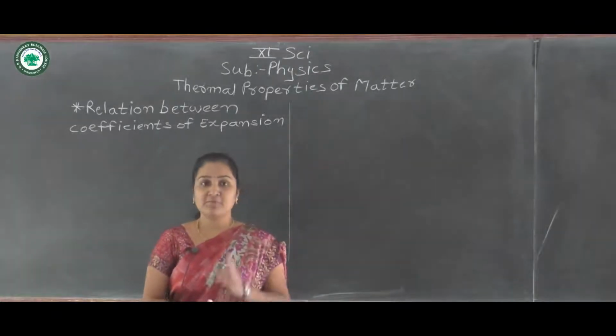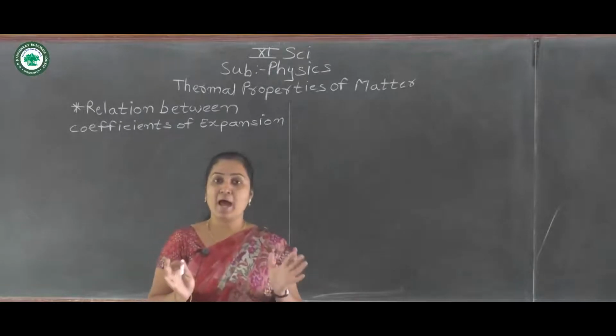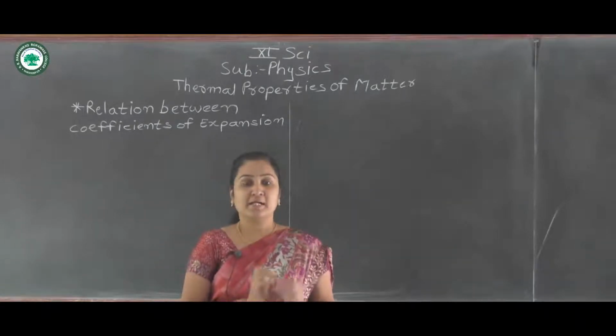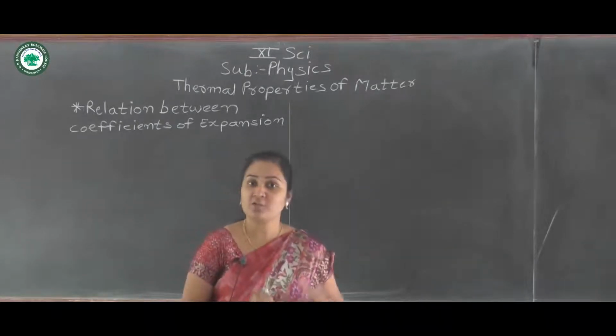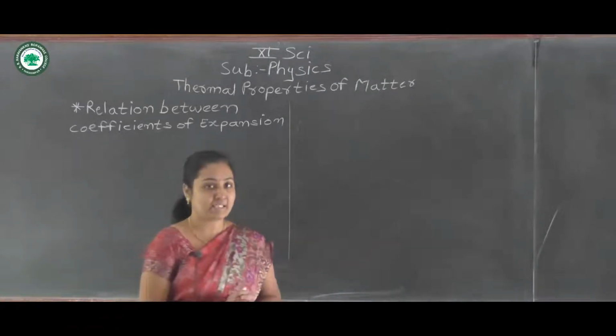For this, first we will find the relation between alpha and beta, that is the relation between the coefficient of linear expansion and the coefficient of areal expansion.